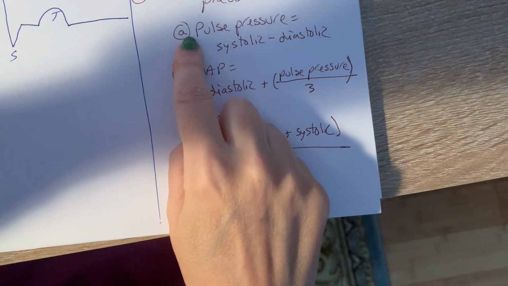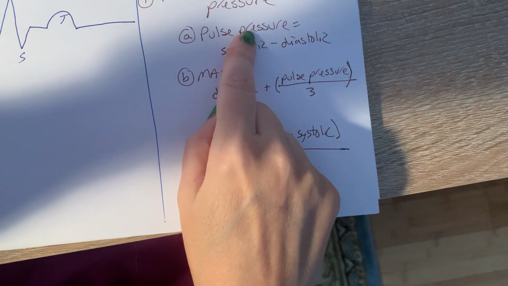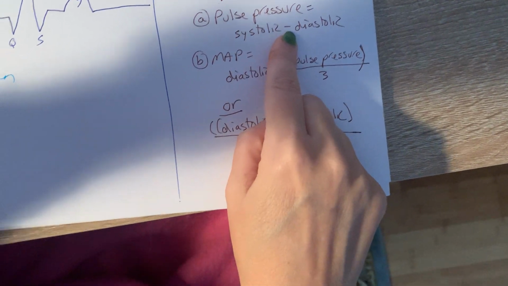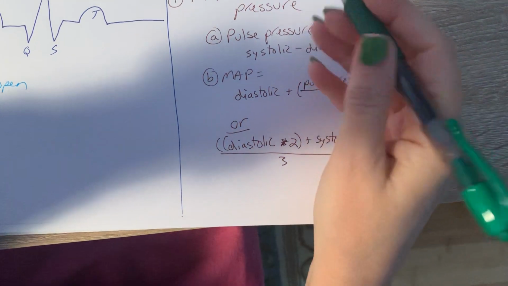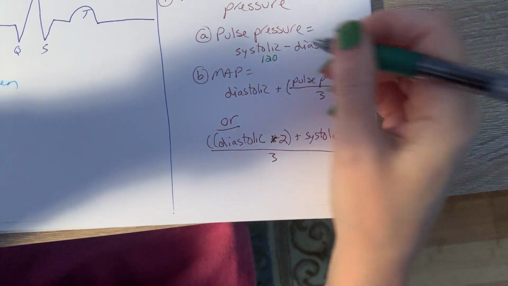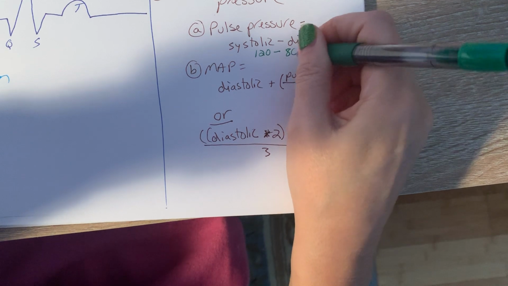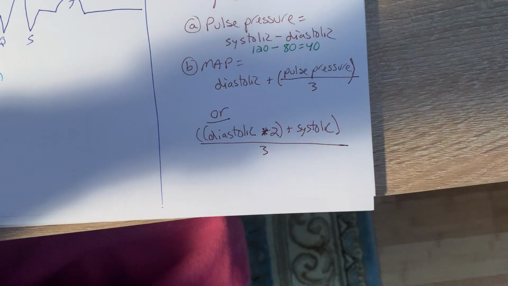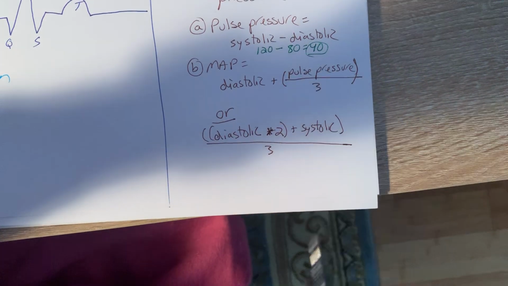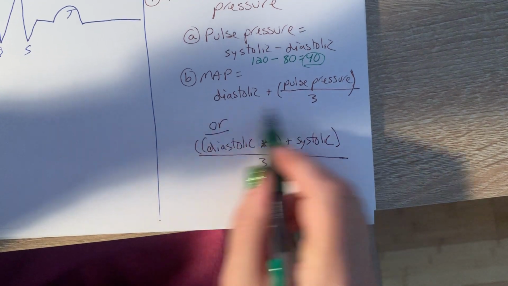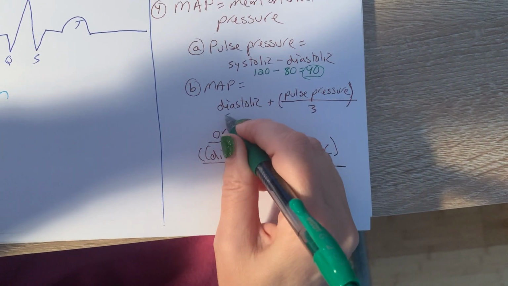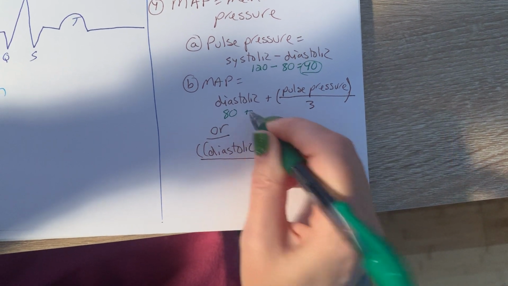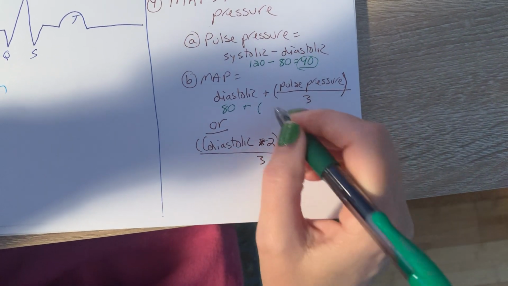So first thing you want to do is get something called the pulse pressure. You just do systolic pressure minus diastolic pressure. So with 120/80, that's 120 minus 80 equals 40. So our pulse pressure is 40. Then we plug it into this equation, which is the diastolic pressure, so 80, and we add to that the pulse pressure divided by 3.